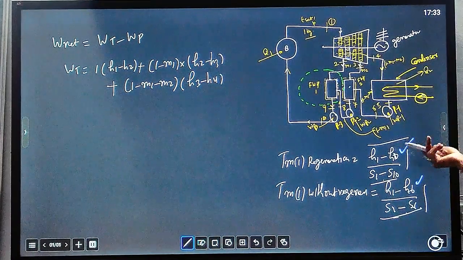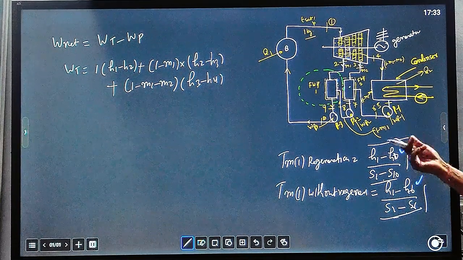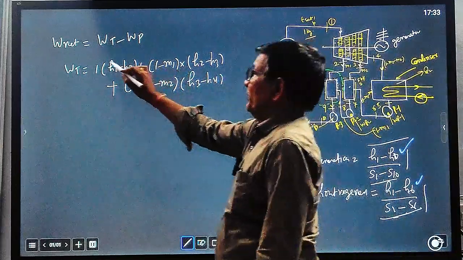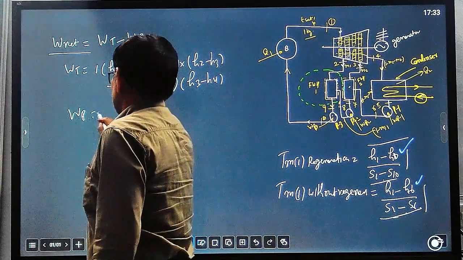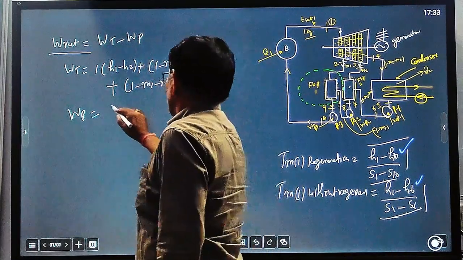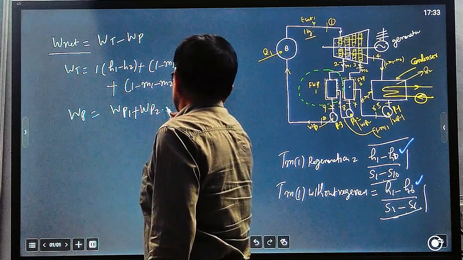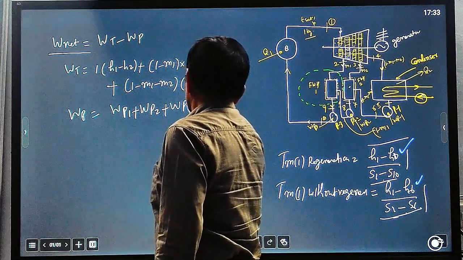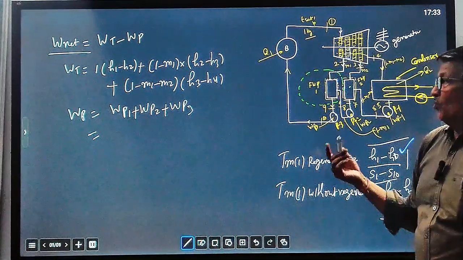Now we have to find out the pump work, because pump work has to be subtracted from the turbine work. That's how we will get W net. So WP equals, there are three pumps, WP1 plus WP2 plus WP3. So again we have to write the equation for WP: pump 1, pump 2, pump 3.